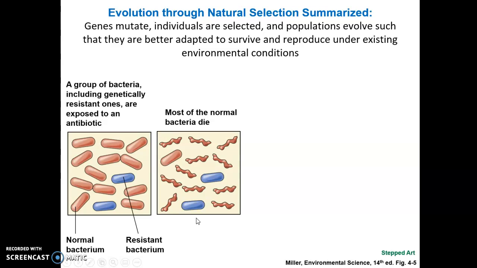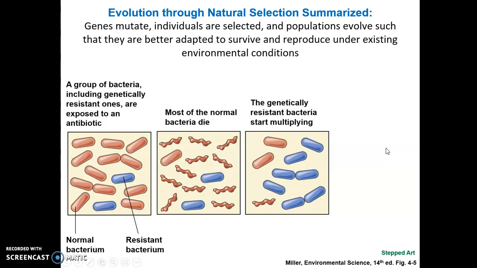So once these bacteria are exposed to the particular antibiotic, most of the normal bacteria will die as a result. But those that possessed the genetic resistant traits, the genes, will survive. And so now we have more of the resistant bacteria that are able to survive and therefore reproduce, and fewer of the, quote, normal bacteria.